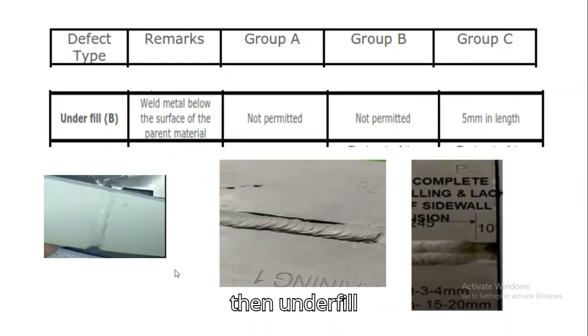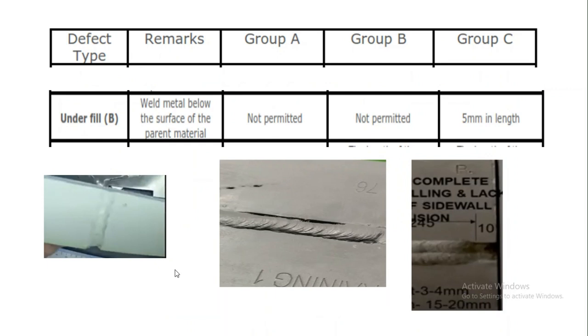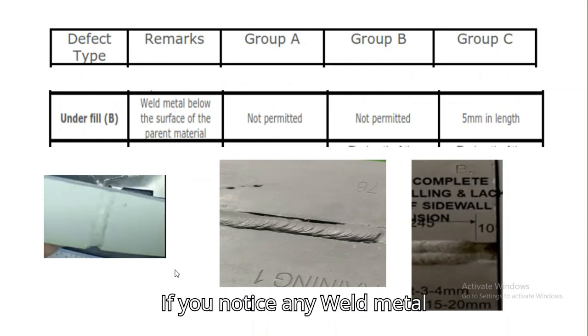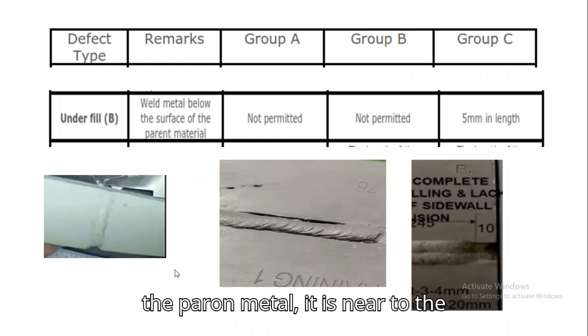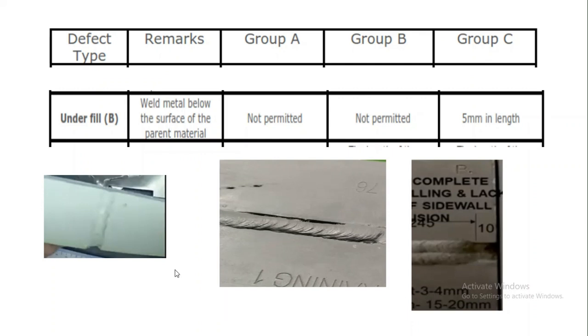Then underfill. The definition of underfill: the weld metal below the surface of the parent metal. If you notice any weld metal below the surface of the parent metal, near the groove or in the middle of the weld, it should be considered as an underfill.